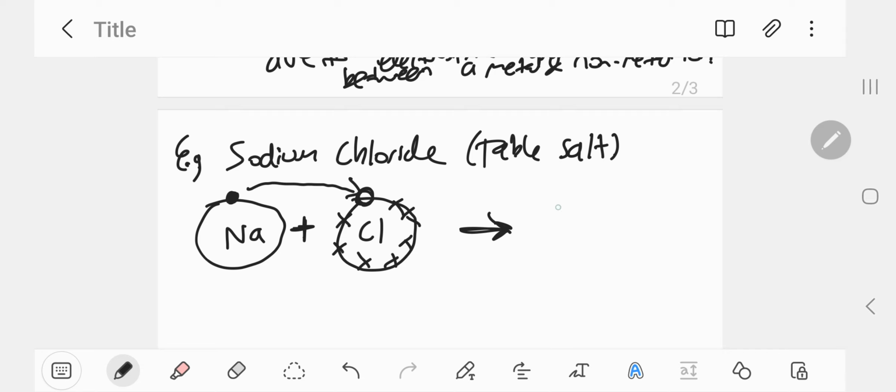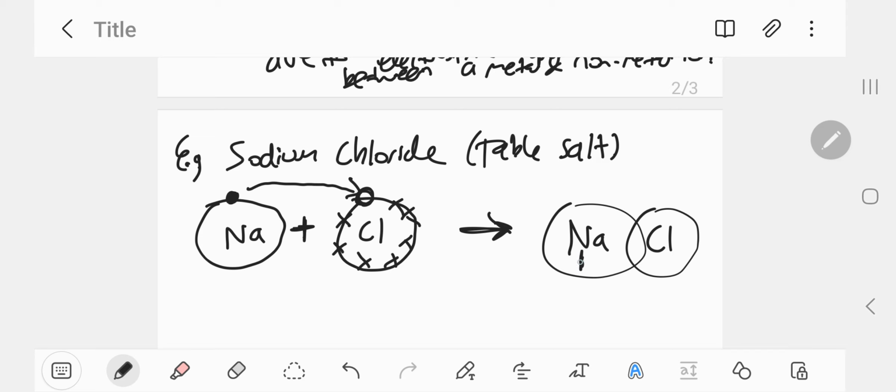And you'll get NaCl. You get an overall positively charged sodium. This is called a sodium ion. And you get a negatively charged chlorine ion. Ion is another way of saying charged atom.